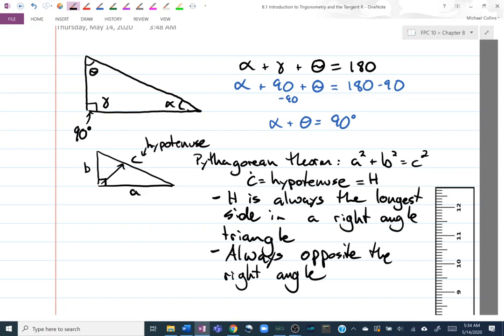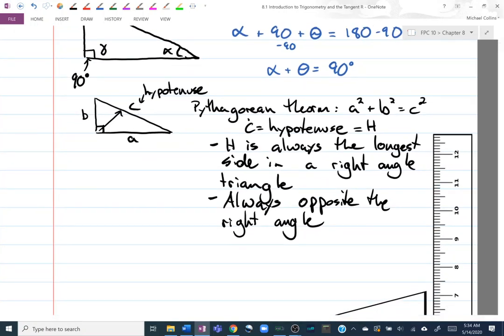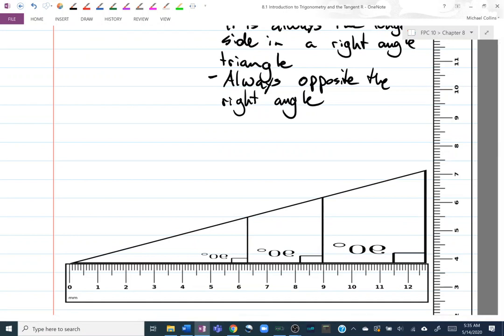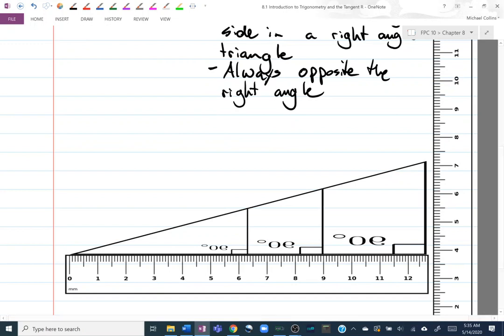So what we're going to look at today in our introduction to trigonometry is ratios. So a ratio is just one number divided by another number. So what I have here is three right angle triangles. I've got a little one. I've got a medium-sized one.